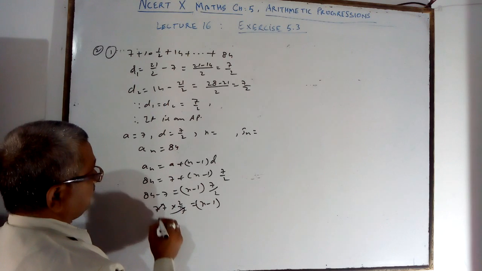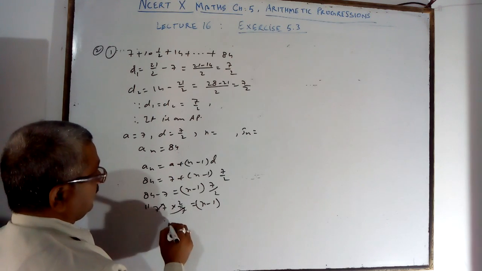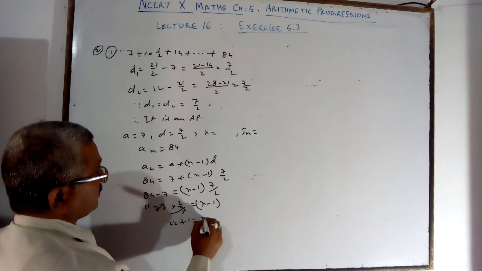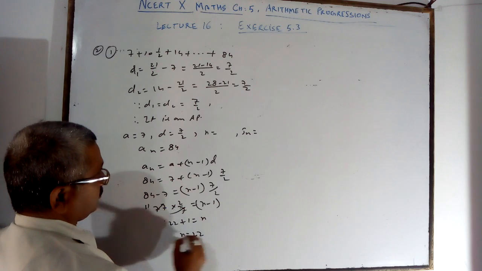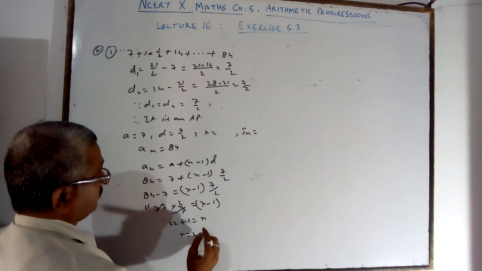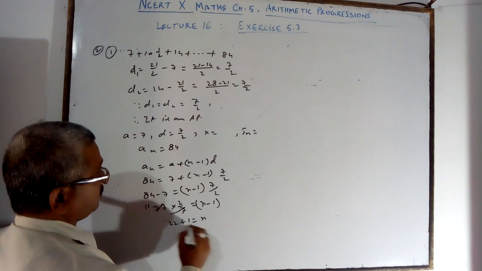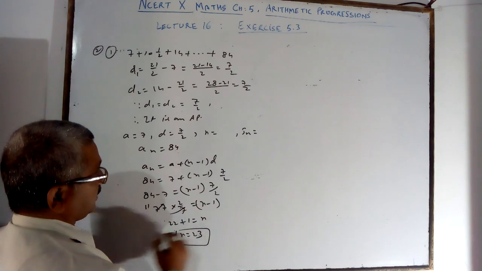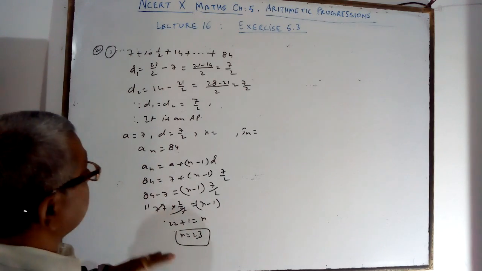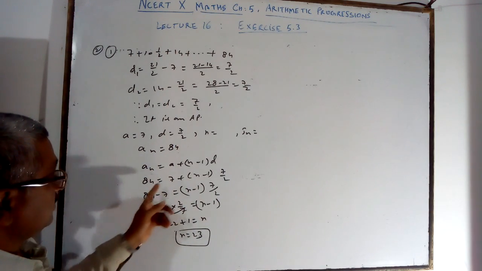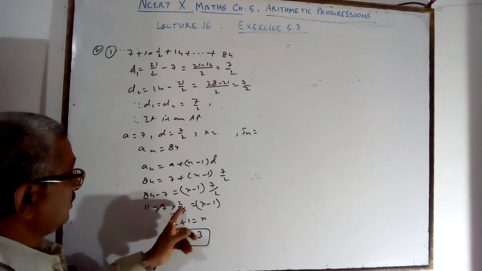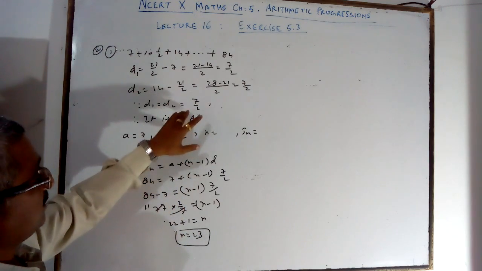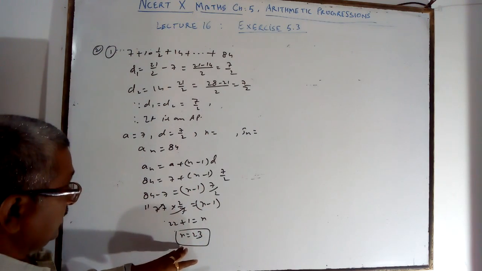So 7 and 7 cancel, 11. 11 2s are 22 plus 1 is equal to n. So n is equal to 23. You are getting 23 terms.